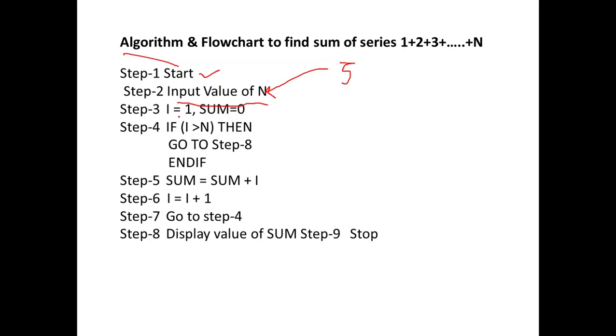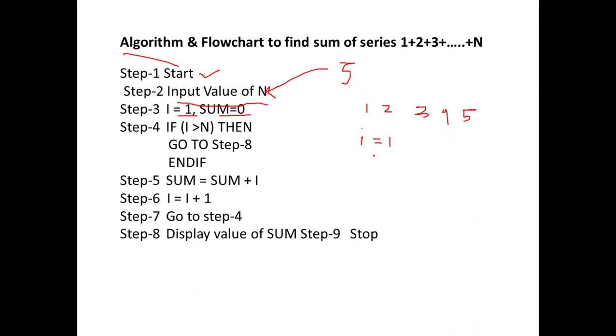Now I equal to 1, sum equal to 0. Why is this needed? If we have to find the sum of the first 5 natural numbers, we have to add 1, 2, 3, 4, and 5. For that, first of all, we are declaring a variable, I equal to 1.